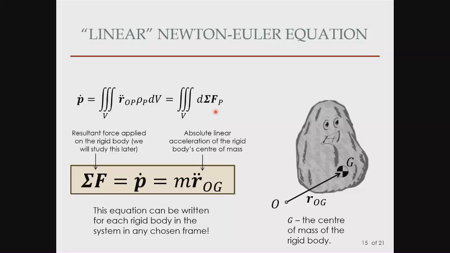the sum of all of the external forces, and that's the resultant force acting on the rigid body. We'll talk about that one later, but overall, this is the resultant, or the overall sum of all forces, force acting on the rigid body.